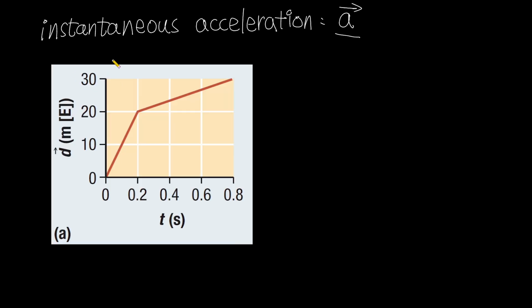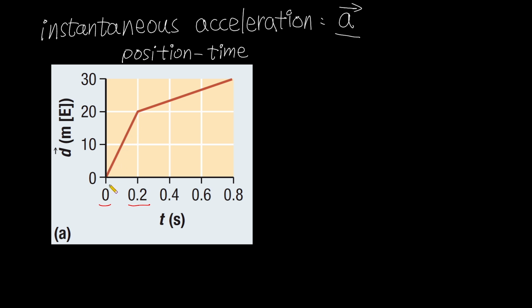Now let's watch this position time graph. We know that if the position time graph is a straight line, its velocity is a constant. For example, in this position time graph, from 0 second to 0.2 second, the position time graph is a line segment.